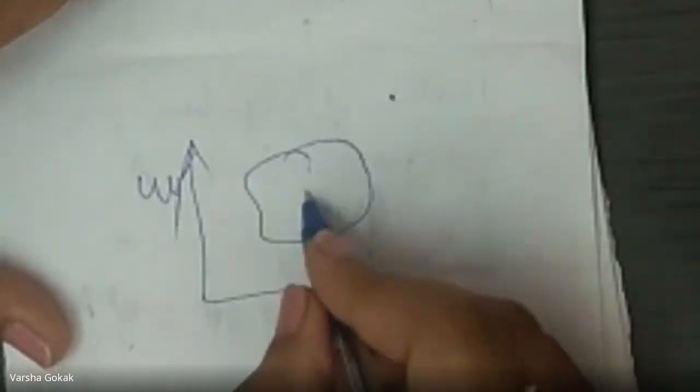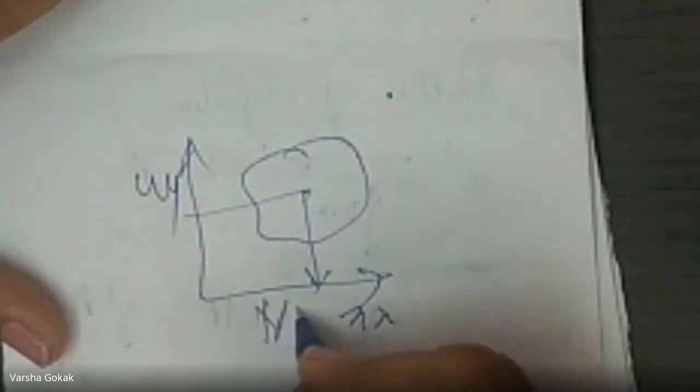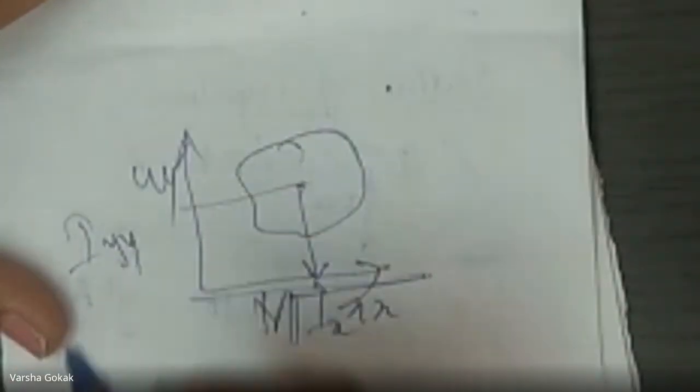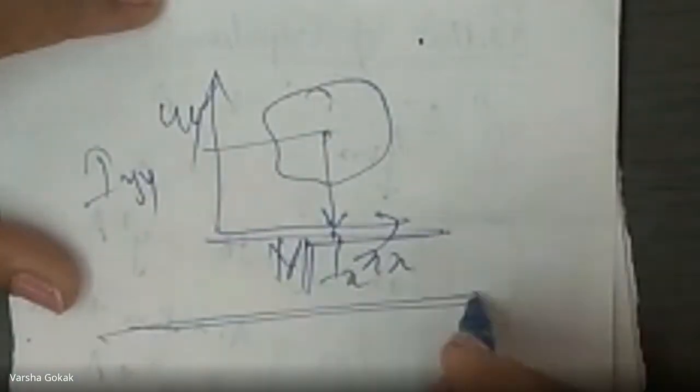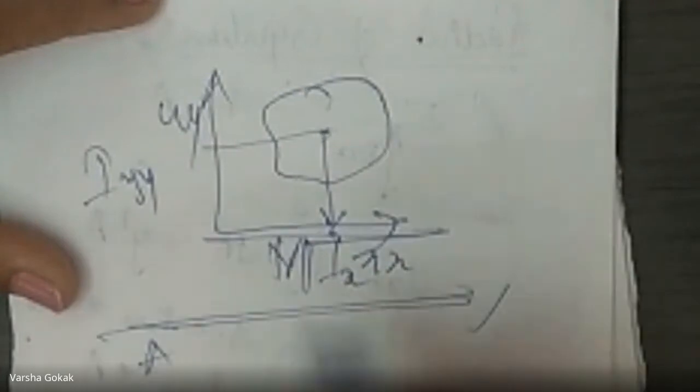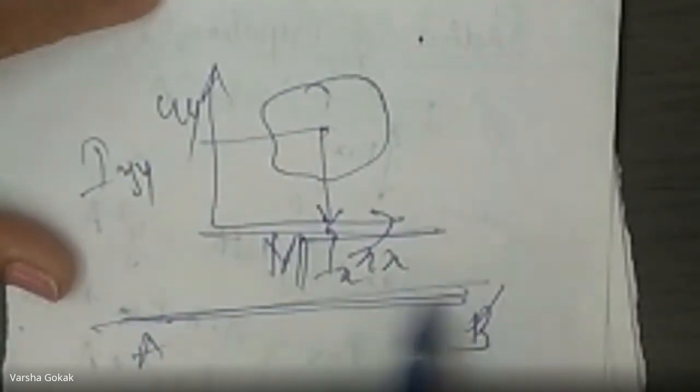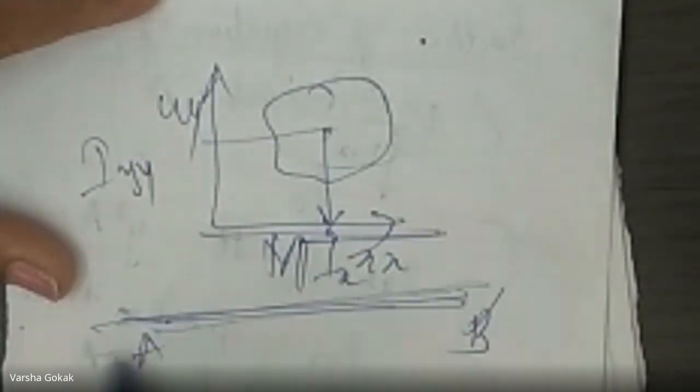See, we were finding Ixx, this was yy, and there was an area, and we found the moment of inertia along the x-axis and along the y-axis. Now I'll give you some other axis apart from x and y, say AB. I want to know the moment of inertia of this area about this AB.